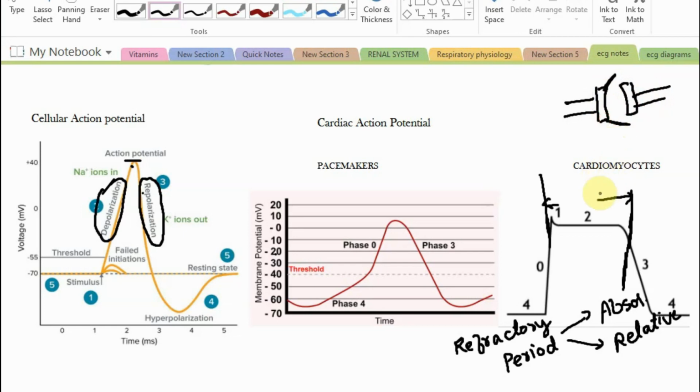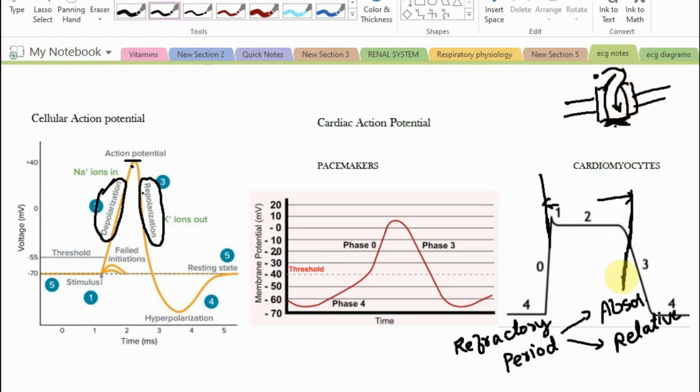And when I say they do not respond, that means the sodium or the cation cannot move in, because they are gated channels, and when I say these gates are inactivated, they tend to remain closed, and they need a recovery time, or a period to come back, when these gates are opened up again. During an absolute refractory period, these gates are completely closed, and that's why the sodium does not flow in and they remain refractory.